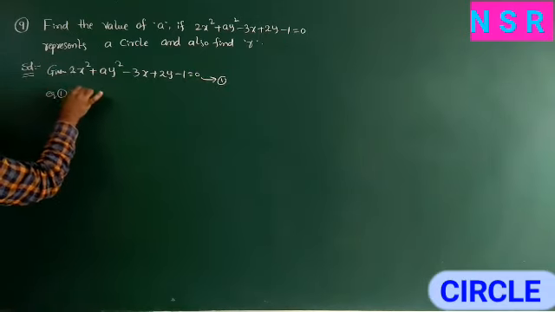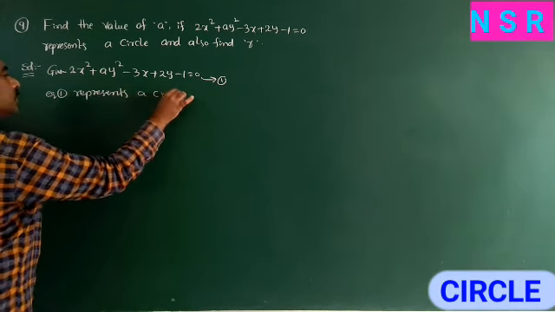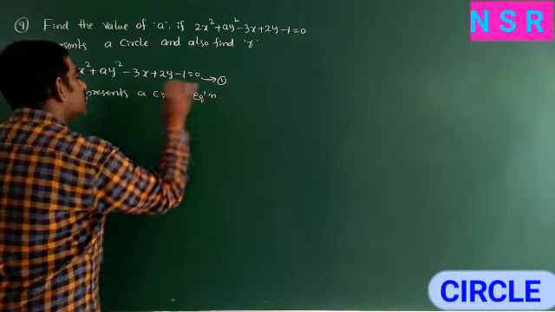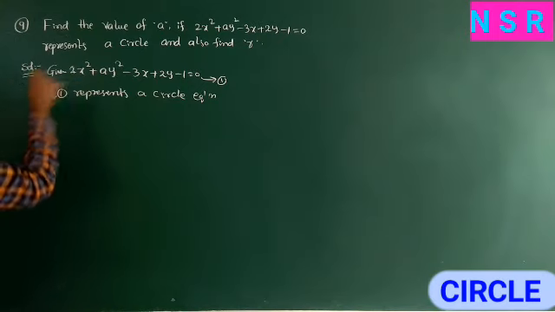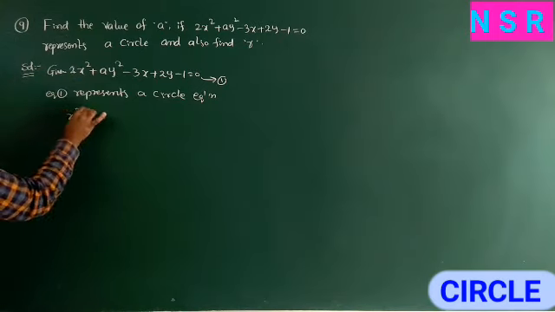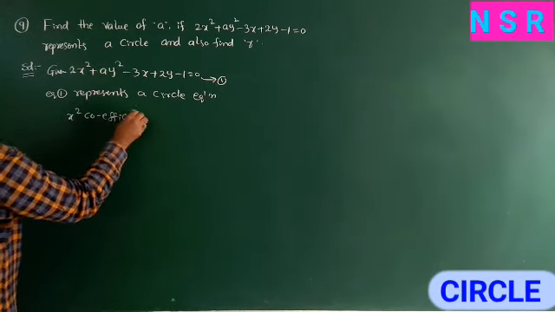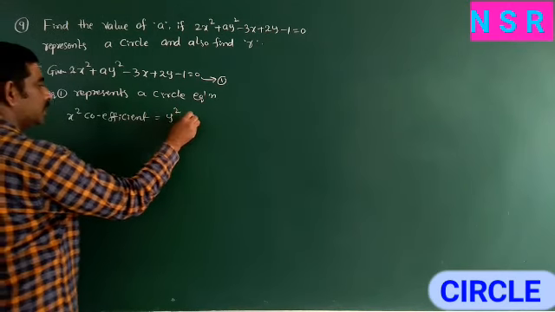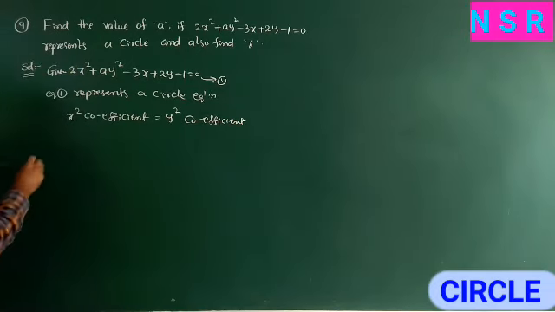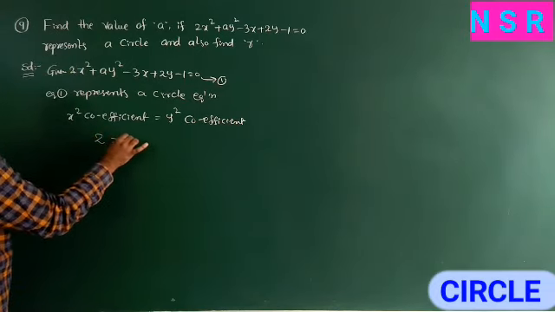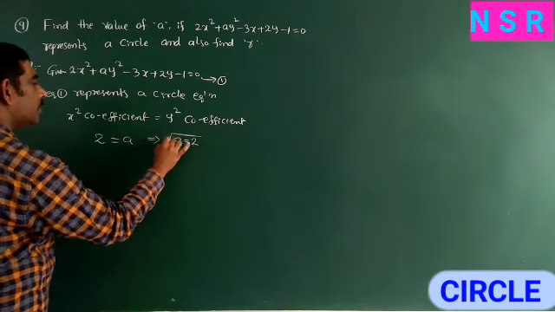Equation 1 represents a circle equation, so the x square coefficient equals the y square coefficient. Here the x square coefficient is 2 and the y square coefficient is a, so a is equal to 2. So we get the a value.